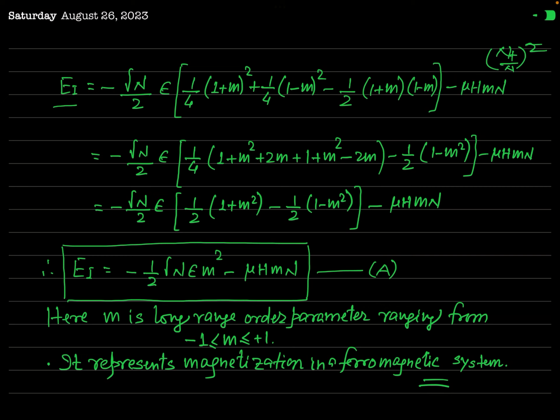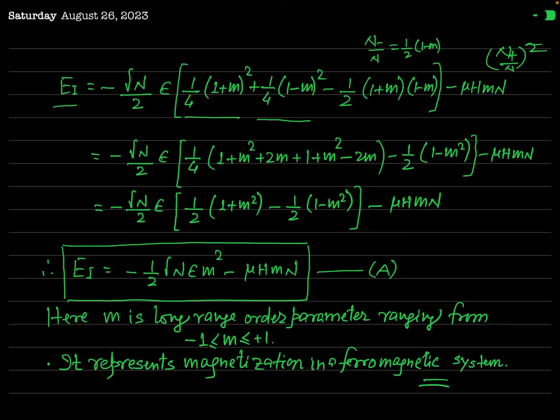So after squaring, this will be 1 by 4, 1 plus m whole square. The second term was n minus by n, and that was equal to 1 by 2 times 1 minus m. So after squaring, this will be 1 by 4 times 1 minus m whole square.